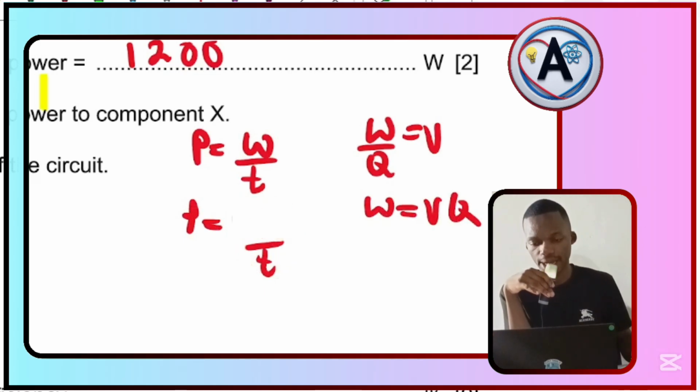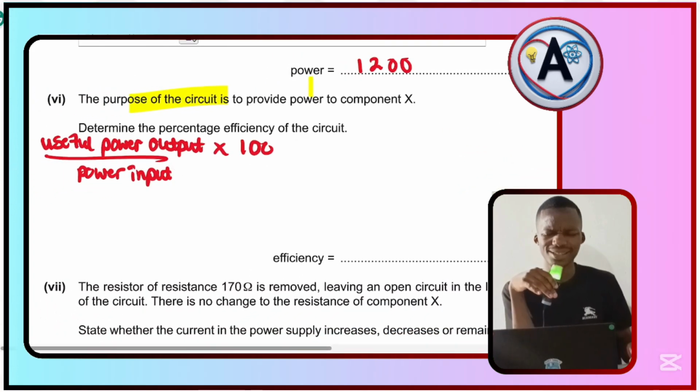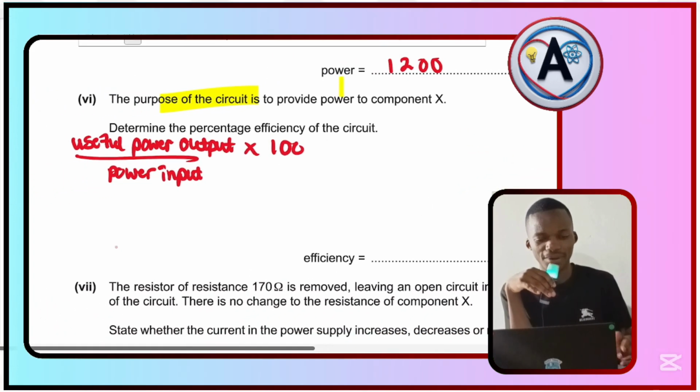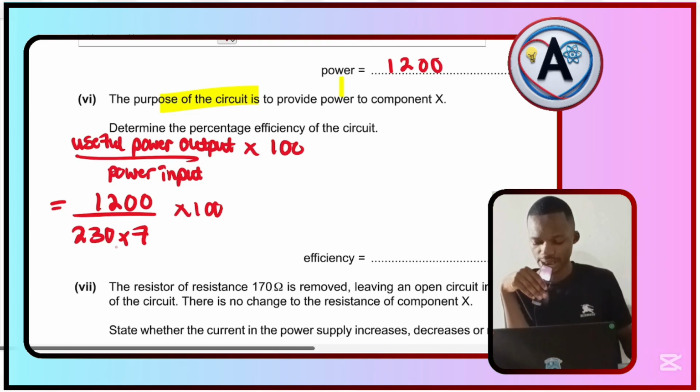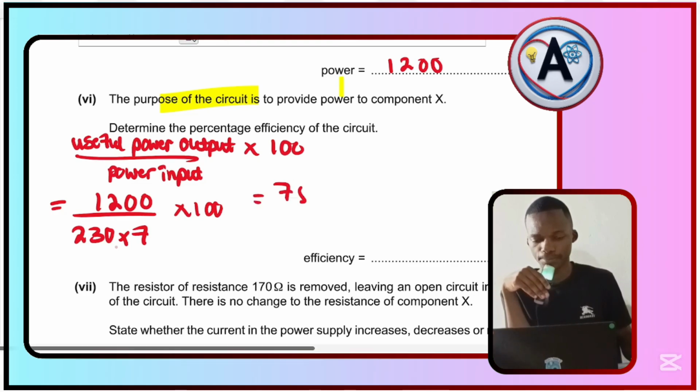So power will be equal to VI. That's where we get power is equal to VI. That's why I'm using that formula, in case you're wondering. So my useful power output is 1,200 divided by 230 times 7, times 100. Punch that in your calculator and you're going to get about 75%. Okay, that's cool. Hope that makes sense.